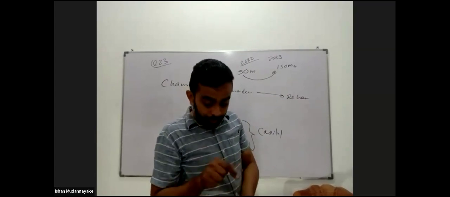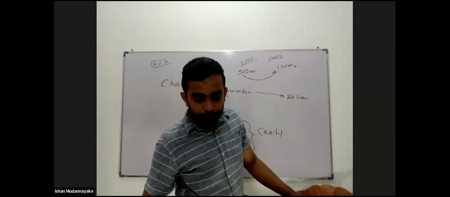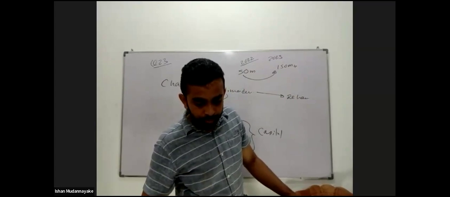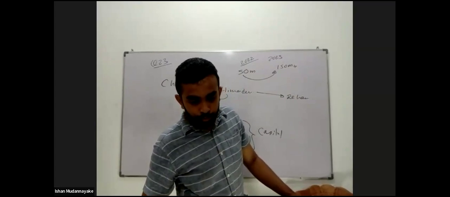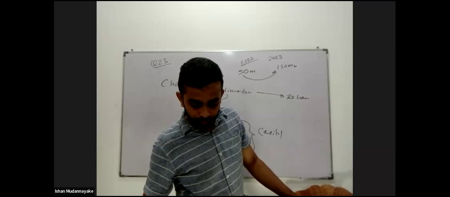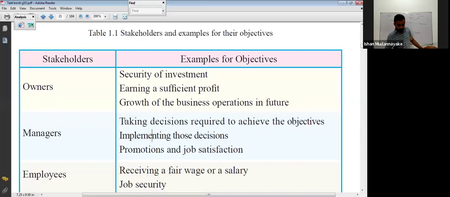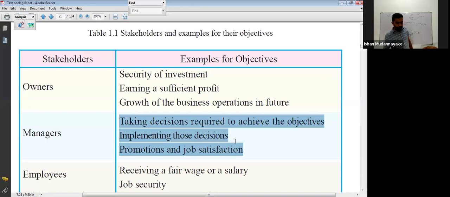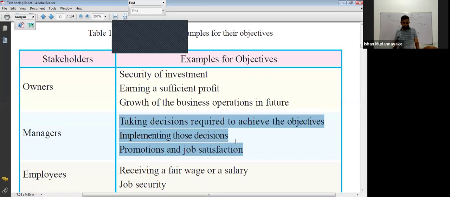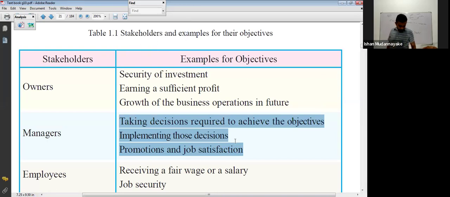Now we will look at the expectations of managers of business discussed in your textbook. Danuja, read it out. Expectation of managers: managers taking decisions required to achieve the objectives, implementing those decisions, promotions, and job satisfaction.